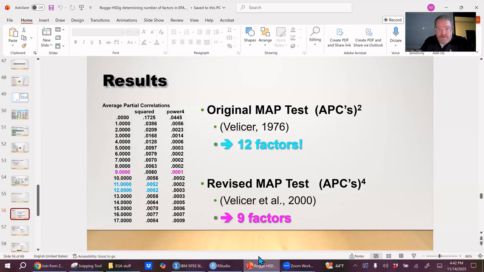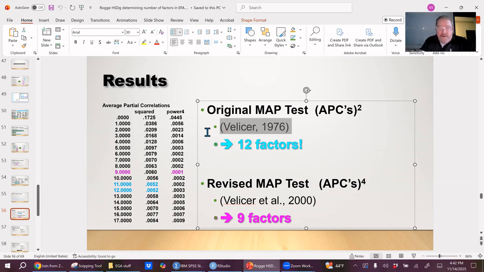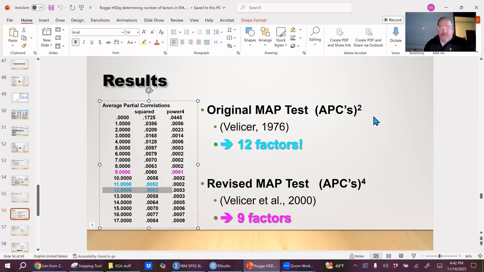And so if we look at those, originally Velicer recommended squaring the partial correlations before averaging them. And if you do that, it suggests 11 or 12 factors, really 12 factors, because that's where you hit a minimum. That's where that low number gets lowest, and after it starts increasing again.